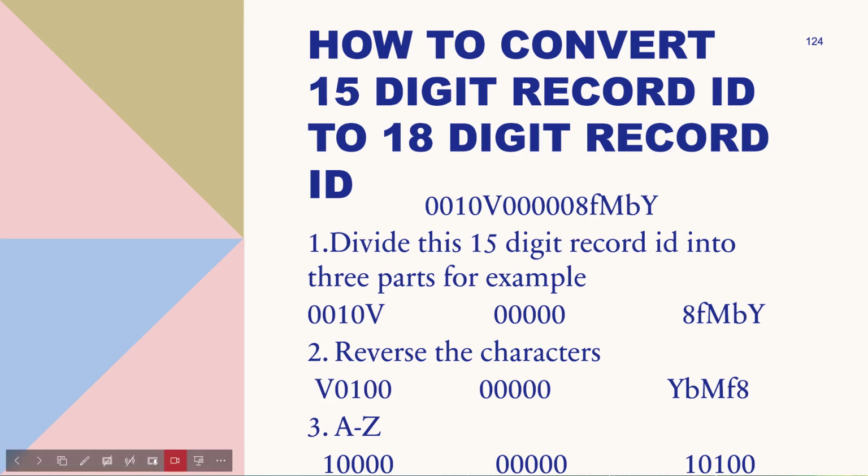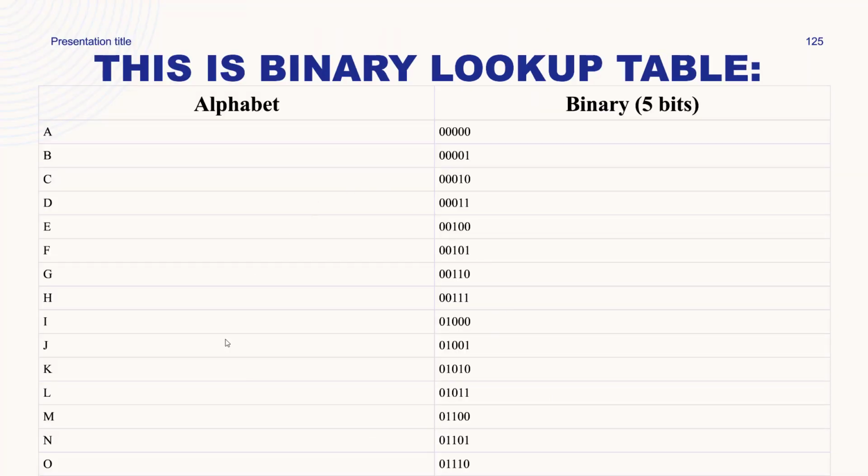Now our next step is to assign the values. For this we move to our binary lookup table, which we have to look into in order to assign the values for all of these. Now from the lookup table we get the values.